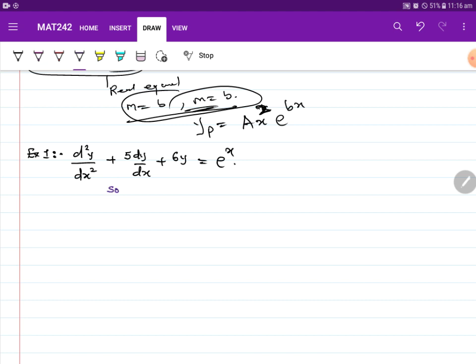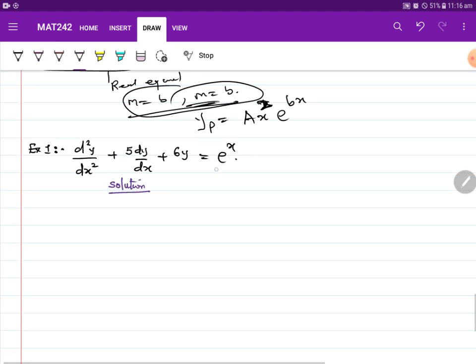To solve this second order question, from the look of the question, I know it is second order, and from this part, I know it is inhomogeneous. But our f of x is an exponential function, so I can express the question in terms of d operator by saying it's the same thing as d square plus 5d plus 6y is equal to exponential x.